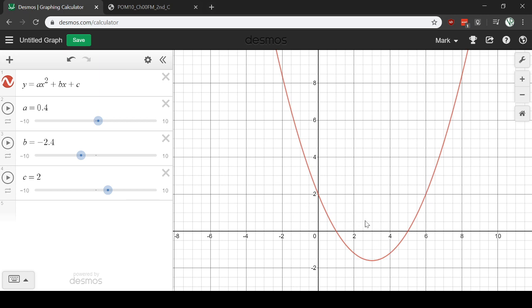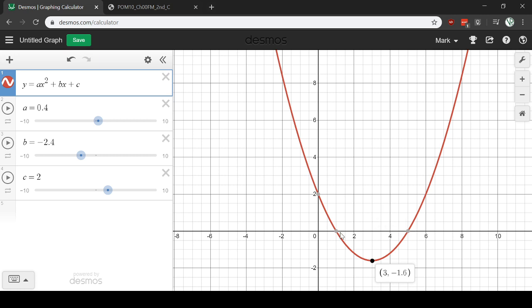Now, the graph itself has a couple of key features that we need to know. One key is down here, this point where the graph changes direction. It's coming down and then it switches to going up. That point where it switches is called the vertex. It's important to use when we do this, and we'll write this out in a quick little note shortly.